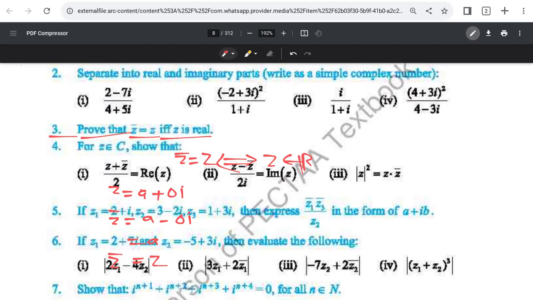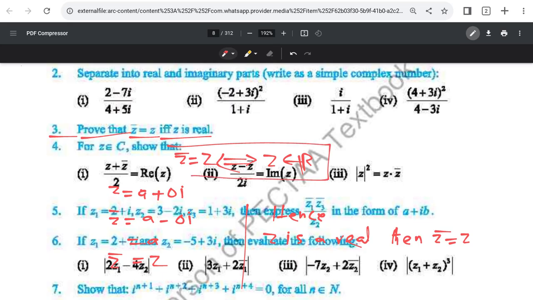Hence we can say that if z is real, then z bar is equal to z. So this statement is proved.